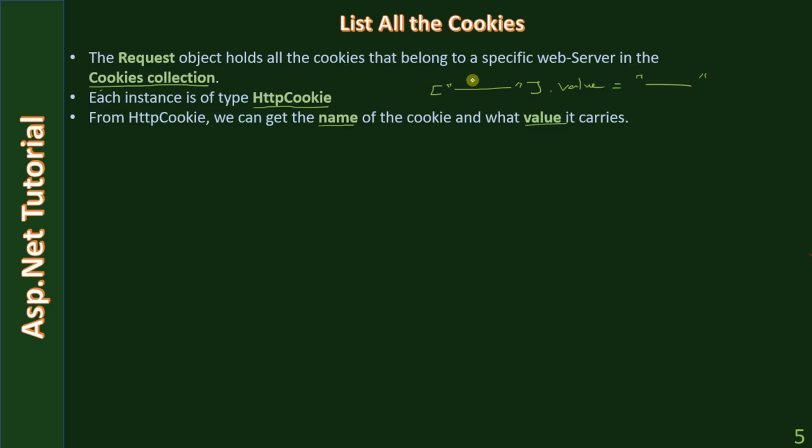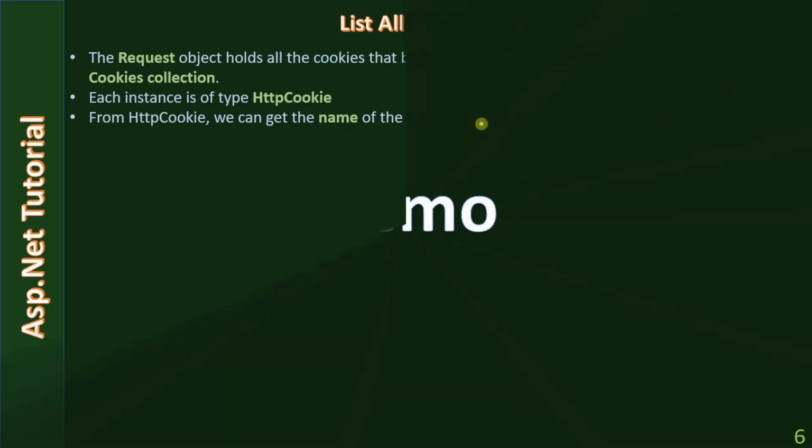This is the name or key, and this one is the actual value which we are storing. The same way, from HTTP cookie, using name, you can retrieve the cookie name, and using value, you can retrieve what value it carries or stores. Now let's go to the demo and list all the cookies.